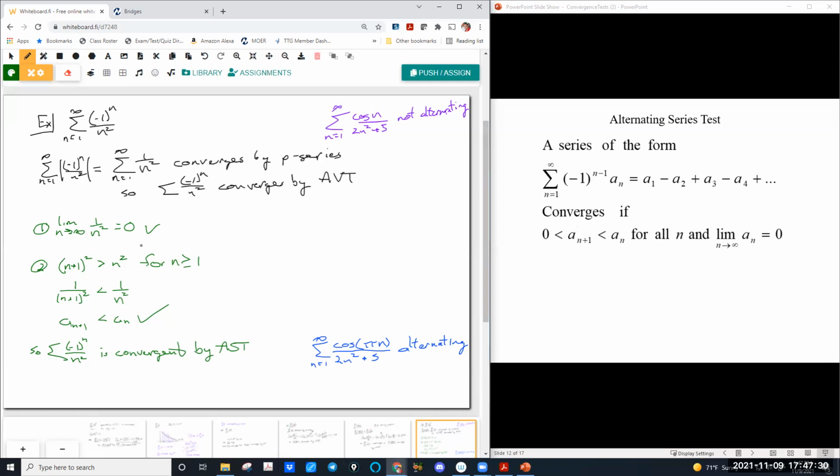Questions about the alternating series test. The first part, I think, is always really easy to show. You know, something we need to show anyways, right? Remember that theorem that gave us our divergence test? We have to show that the terms go to 0. That's the same idea. The other thing is to show it's decreasing. What I would say for number 2, start with what you want to show and work backwards.